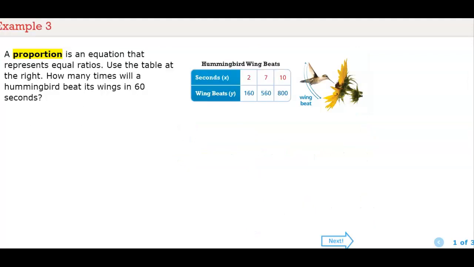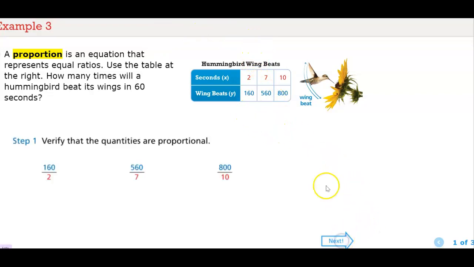A proportion is an equation that represents equal ratios. Use the table at the right. How many times will a hummingbird beat its wings in 60 seconds? Step 1, verify that the quantities are proportional. So we have our seconds and wing beats.